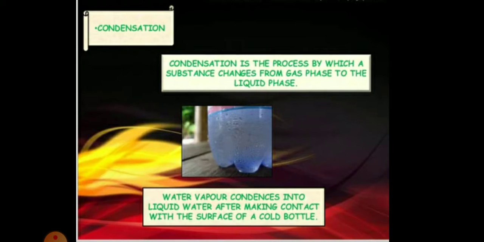So children, we can say that it is the opposite process of evaporation, because we have discussed in evaporation that a liquid changes into the gaseous state on gentle heating. The just opposite process of evaporation is condensation.